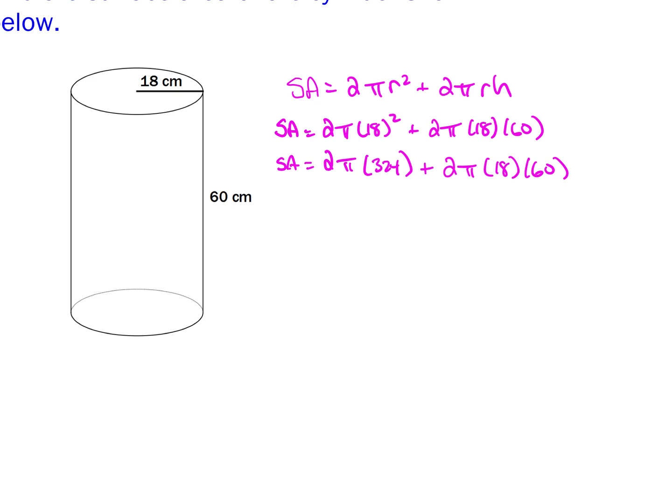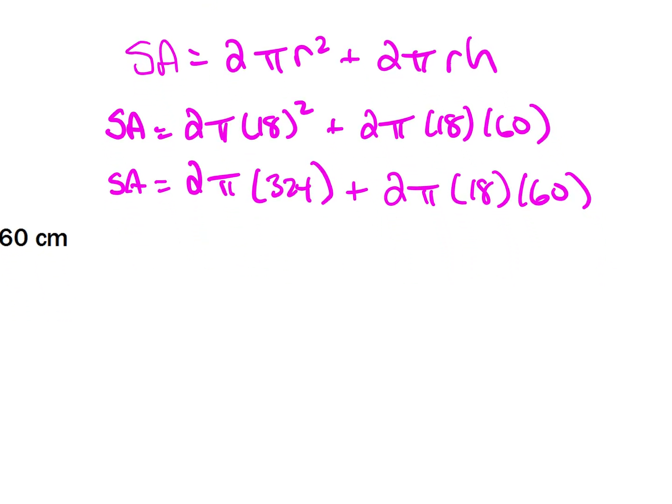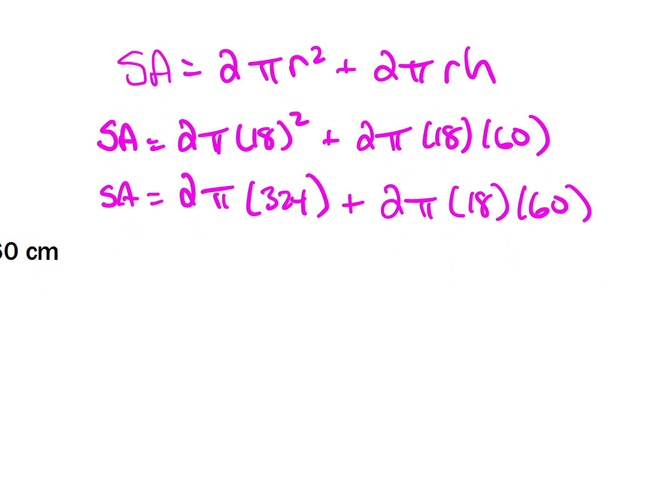Now we'll multiply. In order to make this a little bit easier for us, here's what I recommend we do. I recommend we multiply 2 times 324. And when we do that, we get 648 pi. So 2 times 324 is 648 pi.